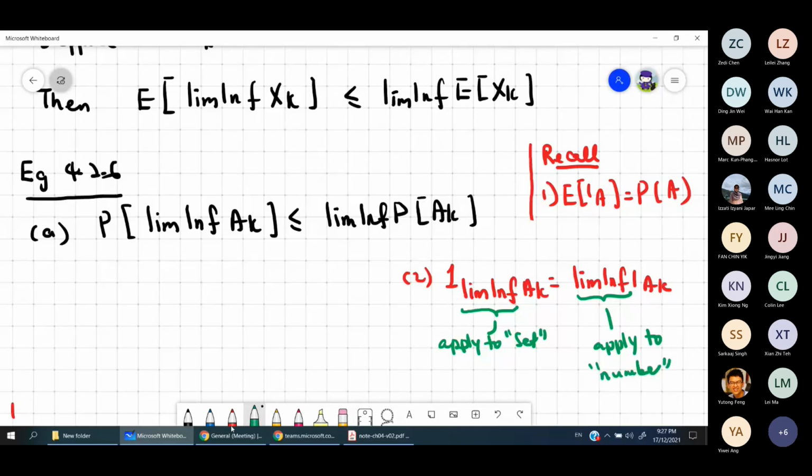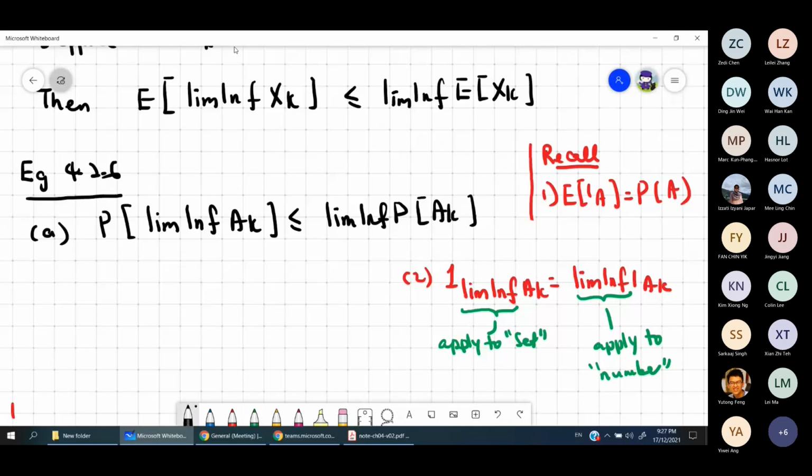So although I'm using a limit inferior, these are two different kinds of formula. I think using these two is good enough for us, together with the Fatou Lemma formula, we are able to prove this.